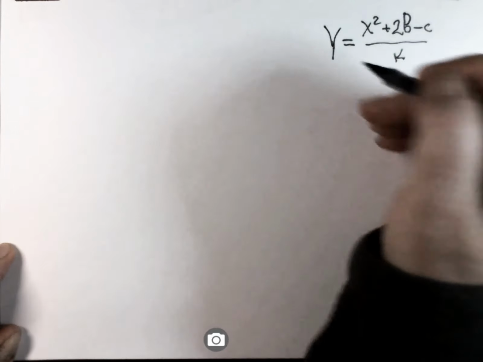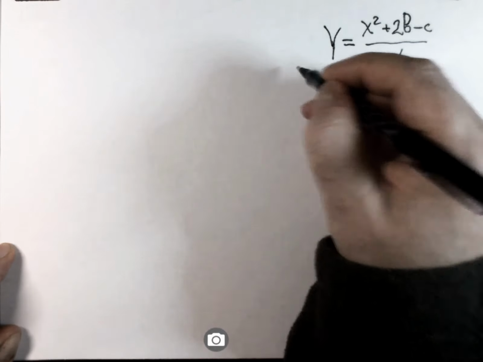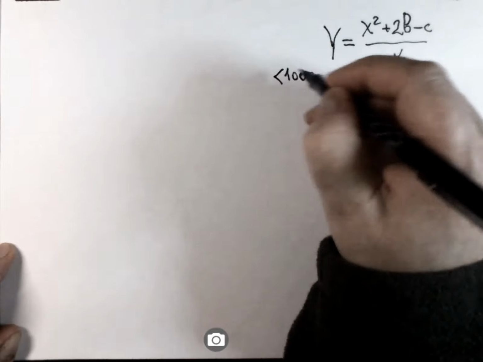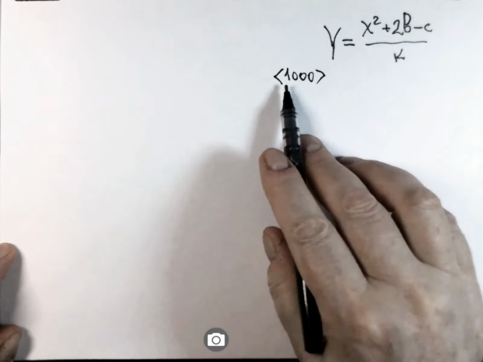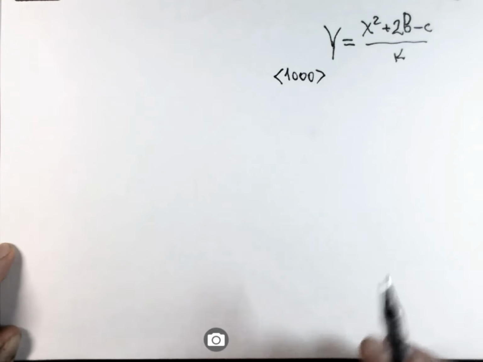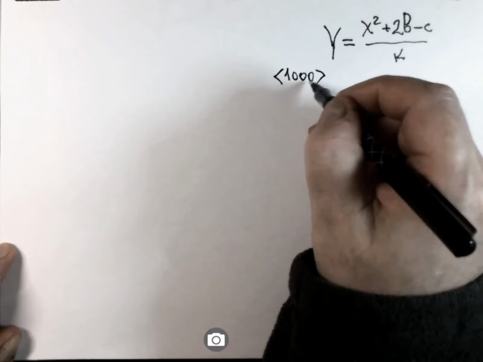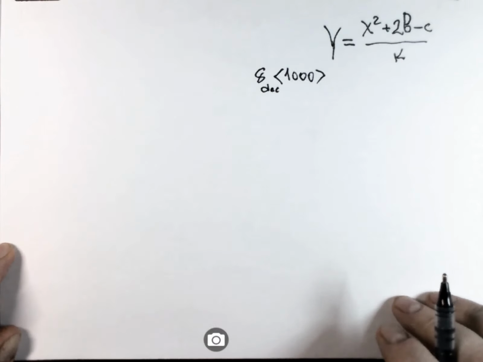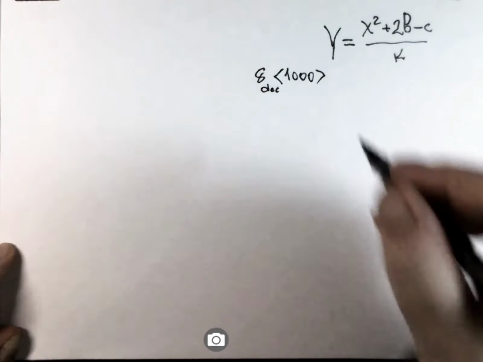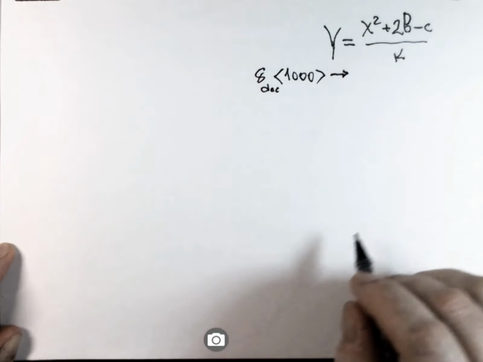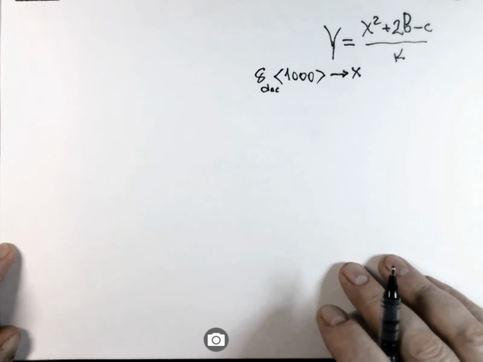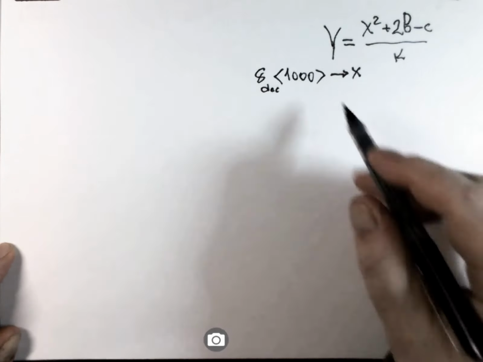So when I put the address like this, that will be 1000, and I'll put this bracket which means content. You can calculate 1000, that is 8 decimal, that is the decimal value of this address, and I will dedicate this cell to x. So the variable x in my program will be here.